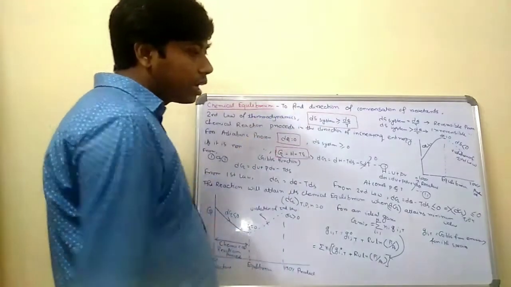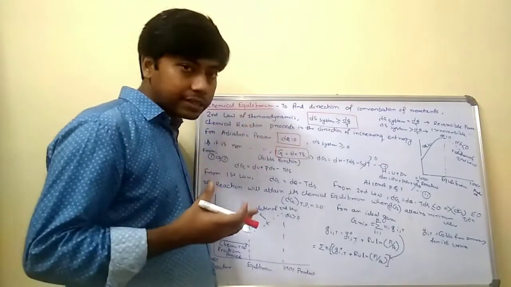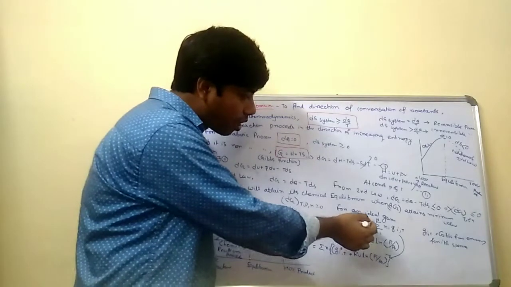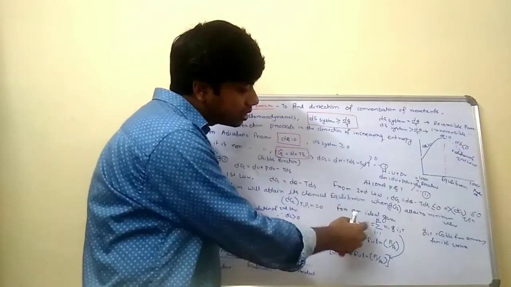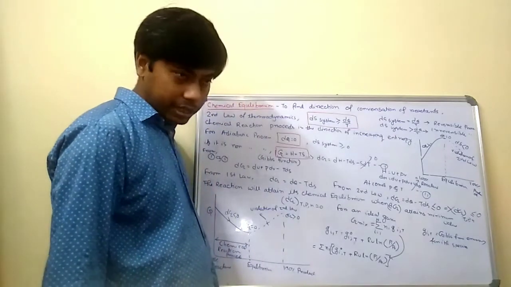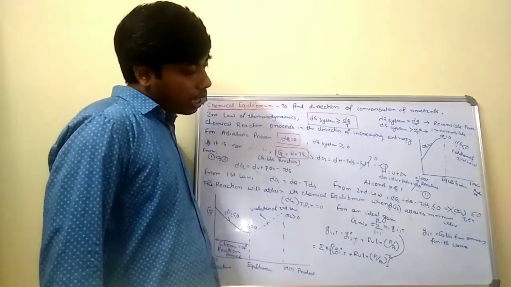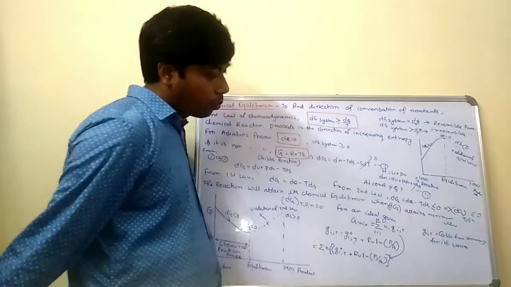Now, if you consider an ideal gas, or a mixture of ideal gases, you can write it in this form: G mixture, meaning the Gibbs free energy of the mixture, is equal to the summation from i=1 to N of Ni Gi,T. Now what is Ni?